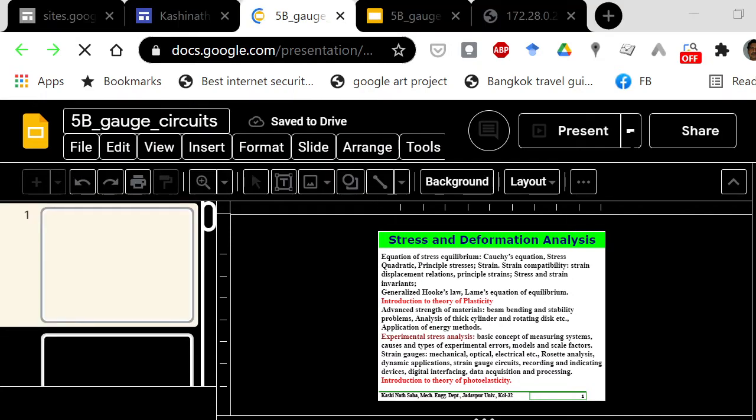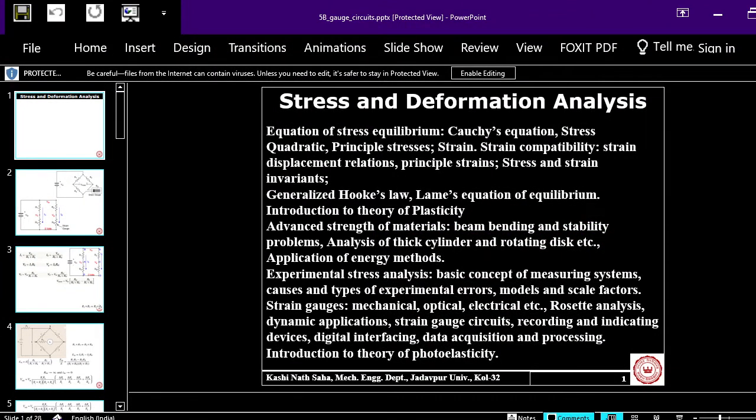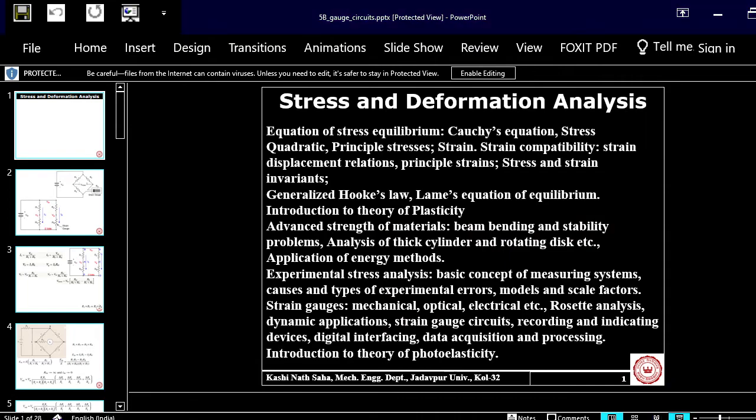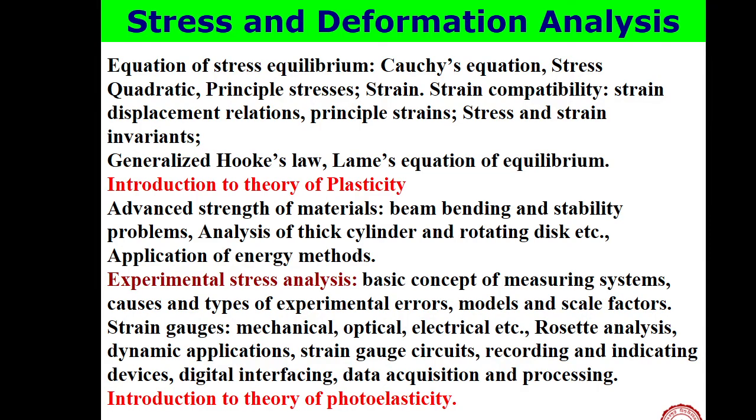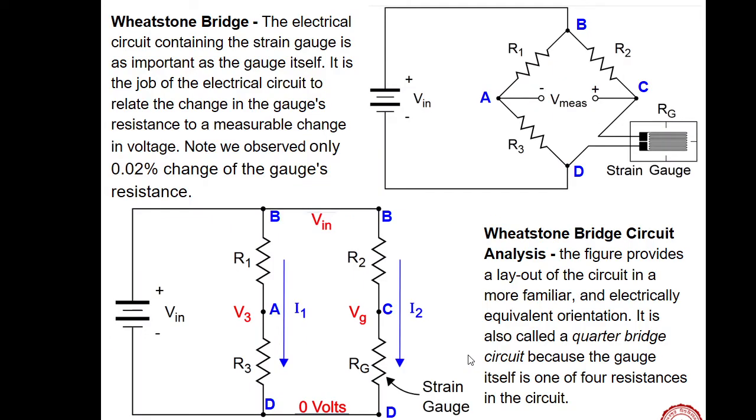That slide is downloaded here, and let me show this. We have discussed up to the electrical resistance strain gauge, and now we are going to discuss the strain gauge circuit and other things in this lecture.